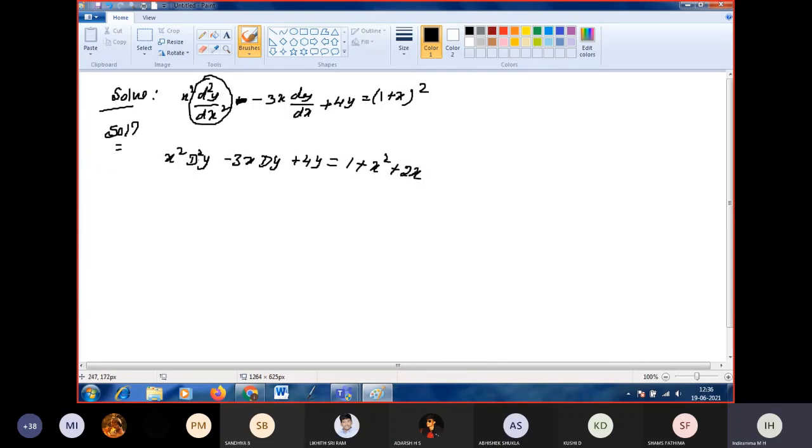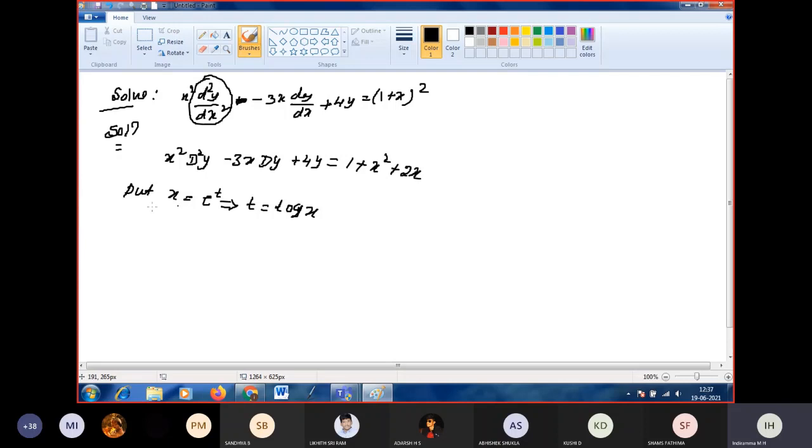Next we have to take the substitution for x. Put x equal to e to the power t, which implies t equal to log x. At the end we will resubstitute.